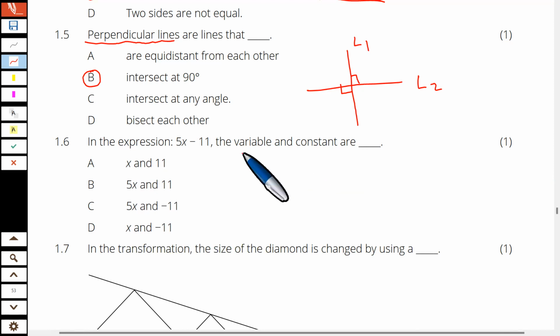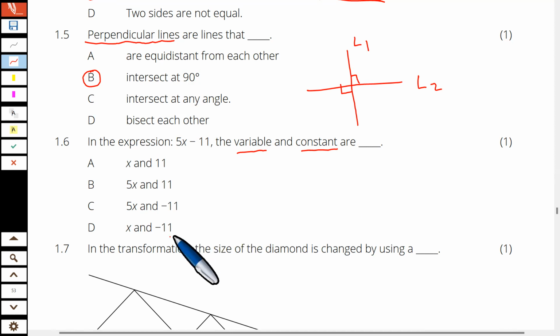So here we're looking at the variable and constant. Which one is the variable and which one is the constant? X and 11. Okay, that is 1.6.